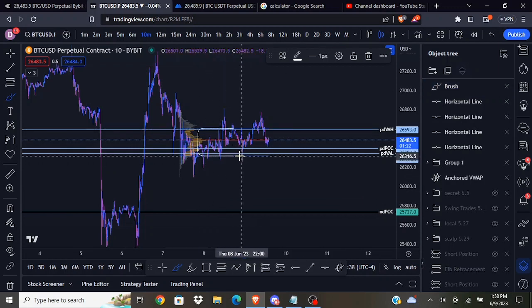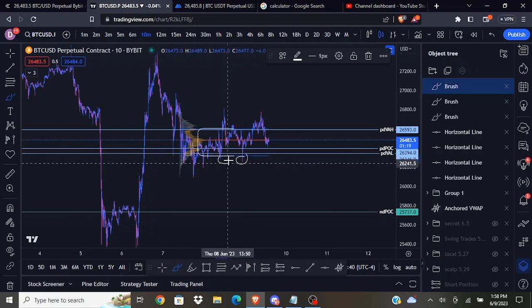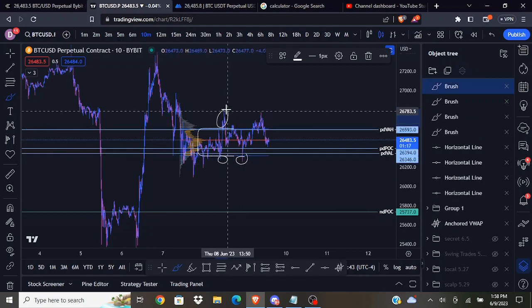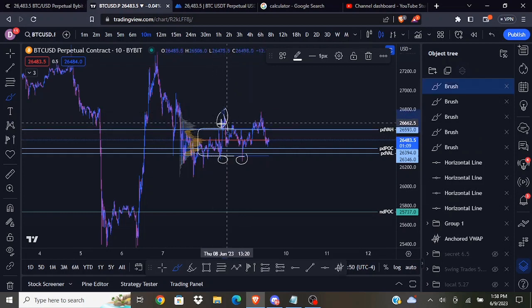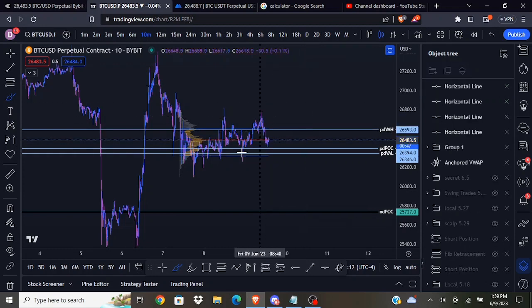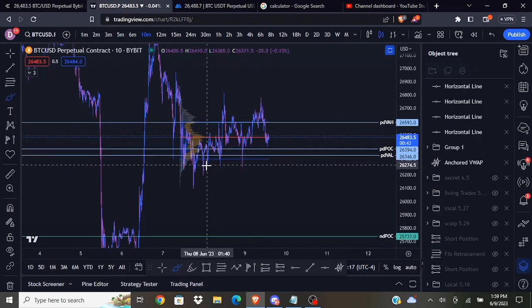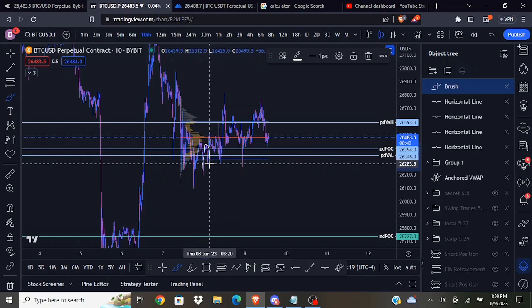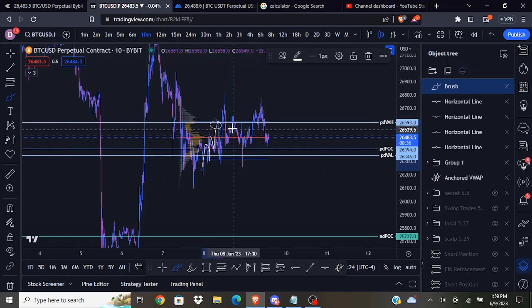And typically, when price goes outside of those limits and you see some kind of confirmation, something saying that price is becoming weak outside of the value area, a lot of times that can lead to price coming back inside the value area. And there's also range rotation theories where a lot of times when price gets acceptance back inside of a range, it will then rotate to the opposite side of the value area.